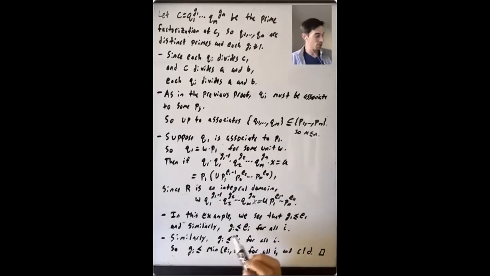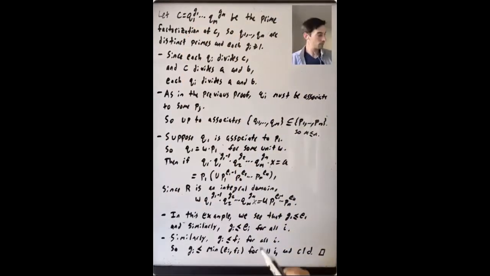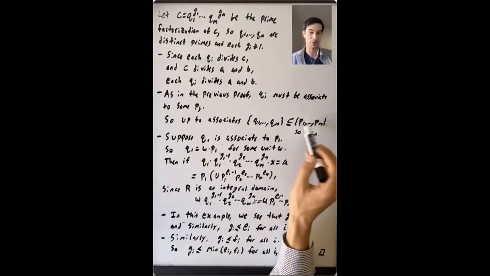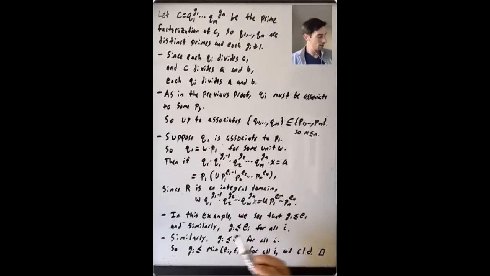After rearranging appropriately, Gi is less than or equal to Fi for all i. So the exponents that occur in this C for the corresponding distinct, up to associate, irreducible primes here are at most Ei and Fi. So Gi is at most the minimum of Ei and Fi for all i.